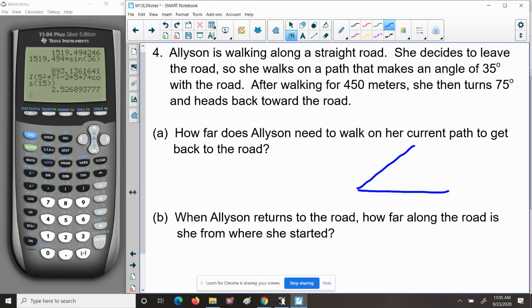Okay, so we'll call this 35 degrees. All right, so she's walking on a path that's 35 degrees with the road. And it says that she walks for 450 meters.